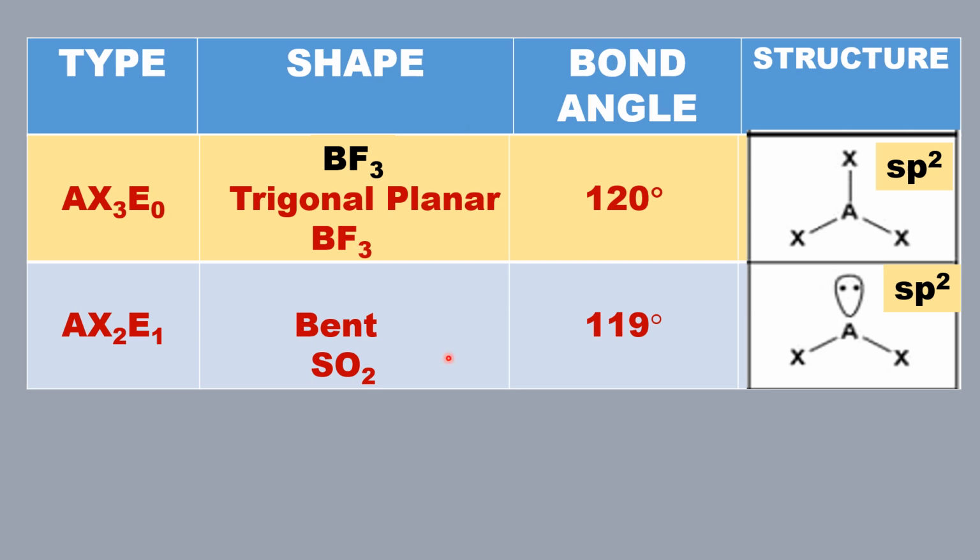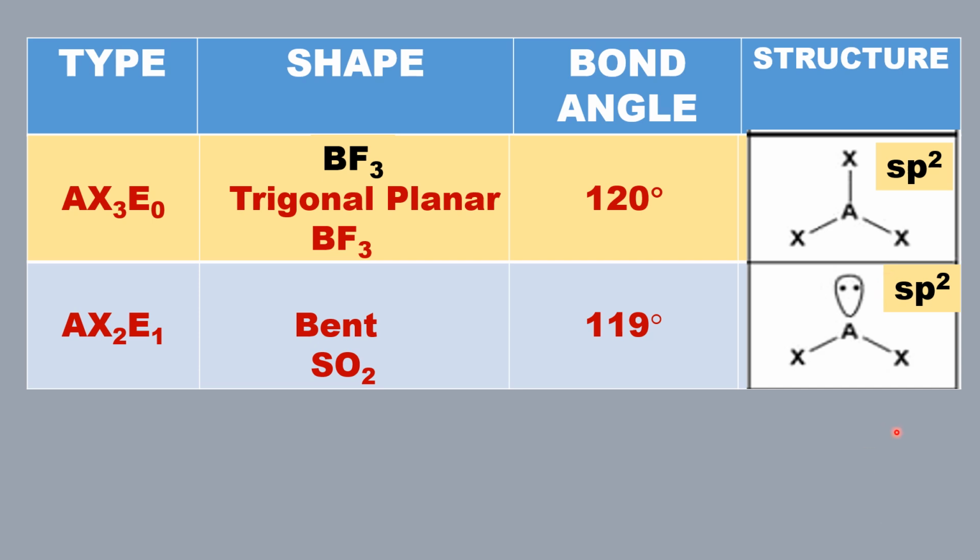Now, example SO2. In SO2, there are two bond pairs and one lone pair. Okay, CO2 is a linear molecule because it has bond pairs only. In SO2, it is not a linear molecule because it has one lone pair. Because of this, lone pair bond pair repulsion is greater.